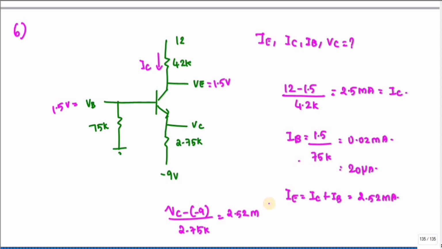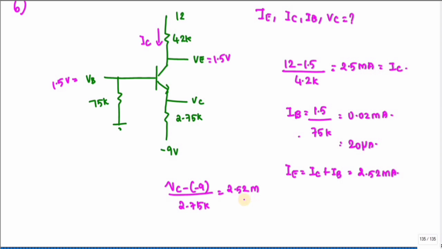So you multiply this one, therefore VC is equal to 6.93 minus 9. So it will be in the range of minus 2.07 volt.